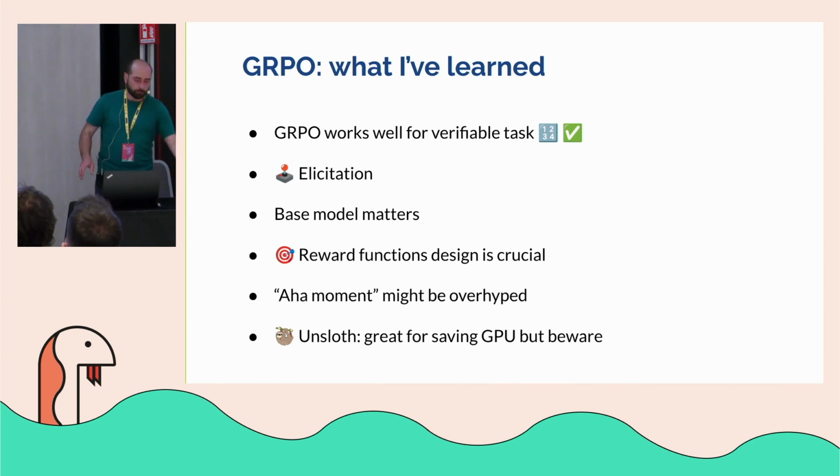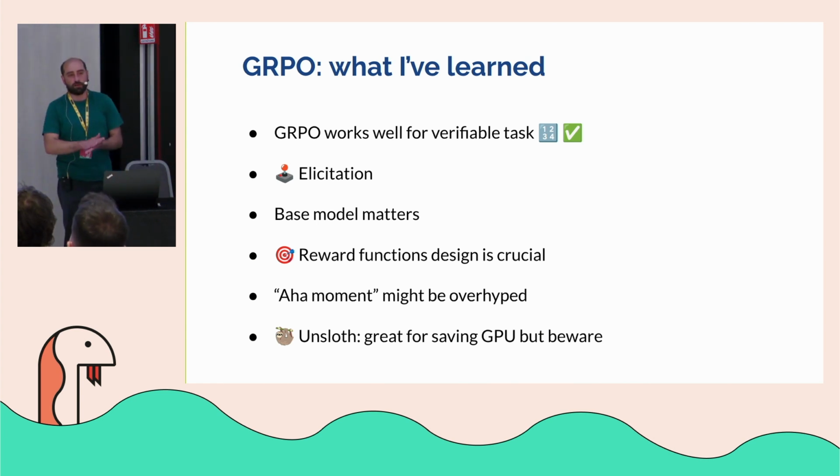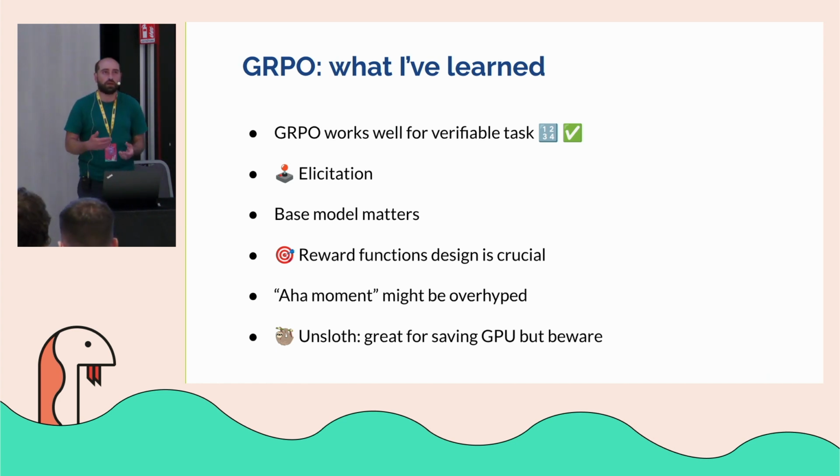As I said, GRPO works well for verifiable tasks like math, even if there are new papers that try to make it work for non-verifiable tasks. Then a comment about elicitation.